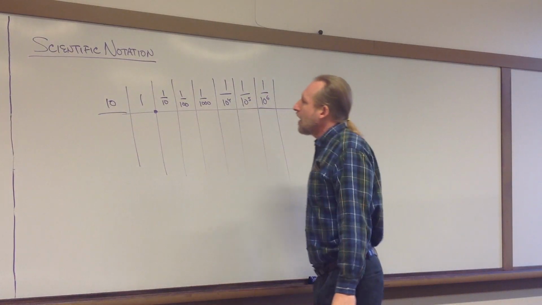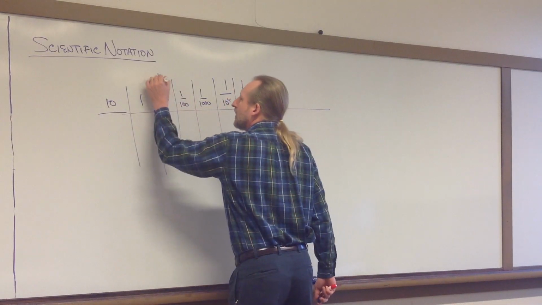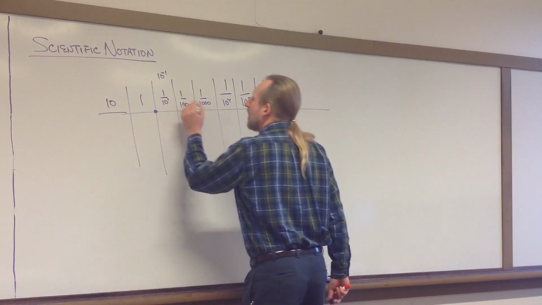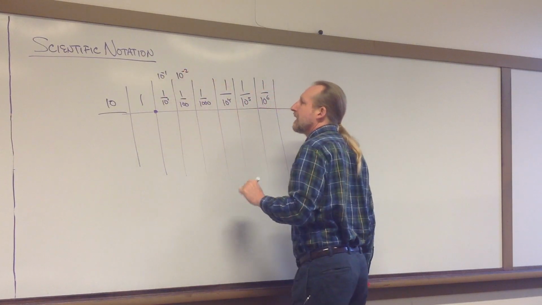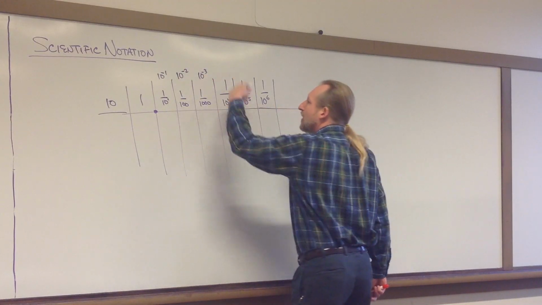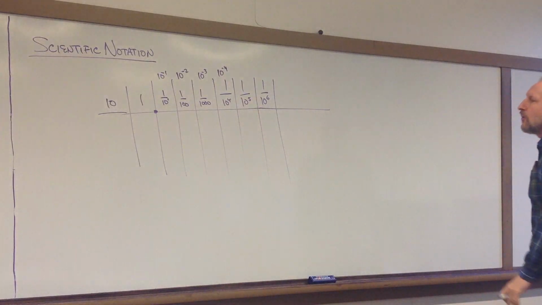Okay? So, when you've got a power in the denominator, that's considered to be a negative power. Okay? So this is 1 over 10 squared, or 10 to the negative 2. 1 over 10 to the third, 10 to the negative 3, 1 over 10 to the fourth, 10 to the negative fourth, and so on.